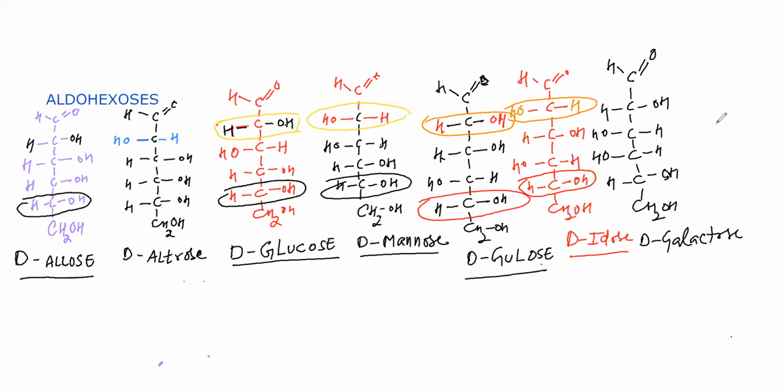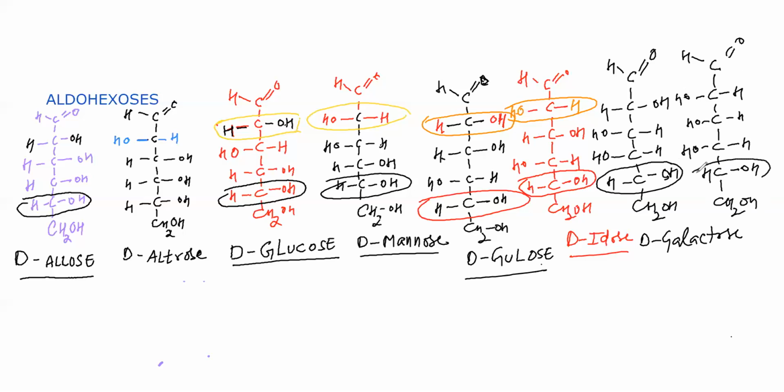And the last structure is 1, 2, 3, 4, 5, and 6. CH2OH, C double bond O. This is CHOH, again CHOH, again CHOH. And here it is OH and H. So this is clear.